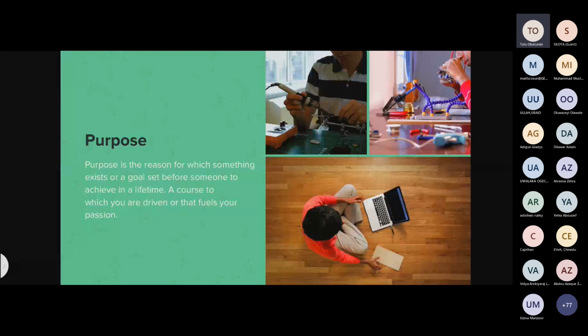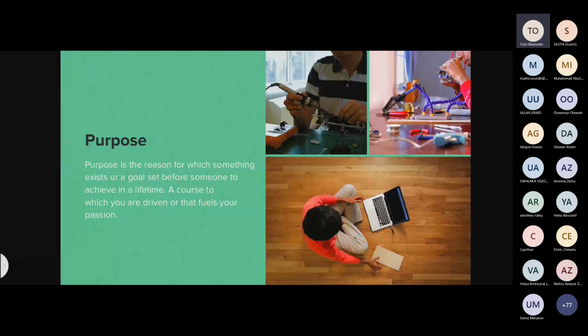Or you can also talk about the purpose as a cause to which you are driven, or that thing that fuels your passion. So purpose is more like a particular cause that you want to fulfill, that you are driven towards.